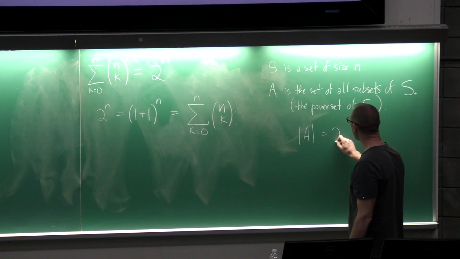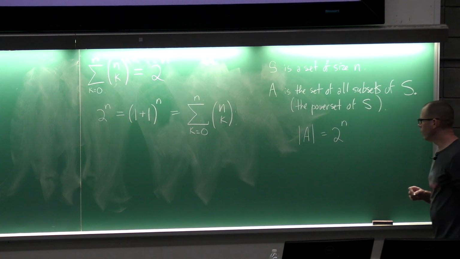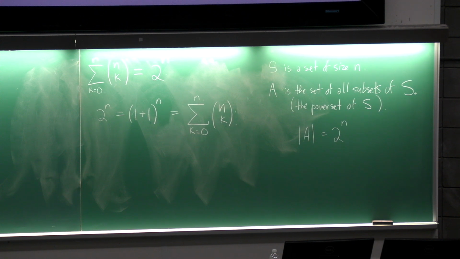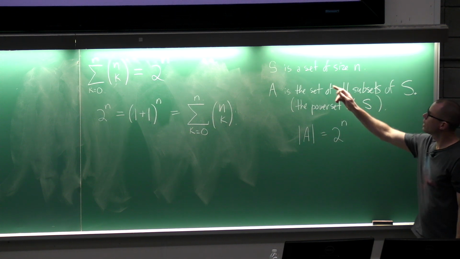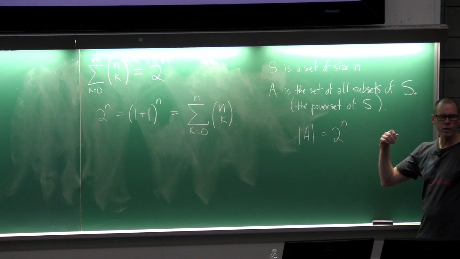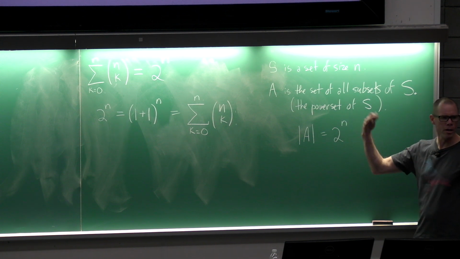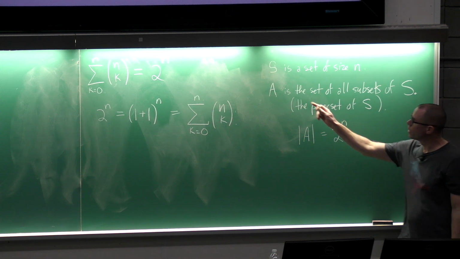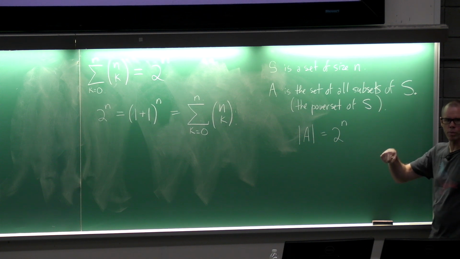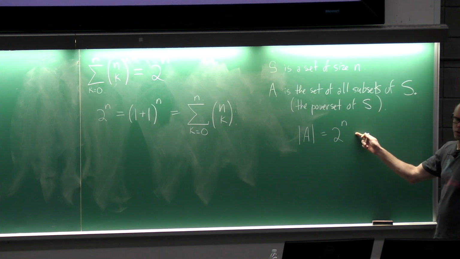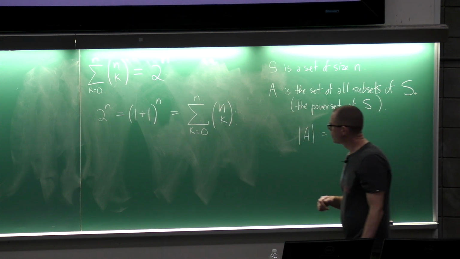So it has size 2 to the n, and we proved that, I don't know, last class or the class before, but there's an easy way to see it, which is just list out the elements of S one at a time, and you have to decide for each element, is it in the subset or is it not in the subset? So there are n elements in S. For each one we have a choice to make where there's 2 options. We put it in the subset or we don't. Therefore you can generate 2 to the n different subsets this way. Okay. So that's one thing.